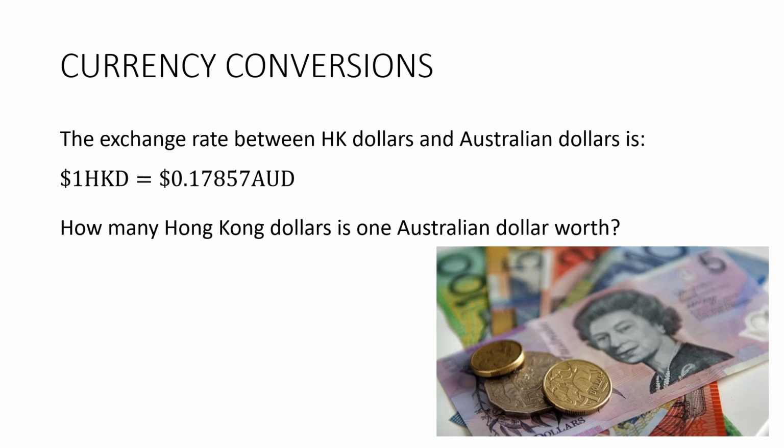So what we want to do is take our exchange rate here and invert it. So I could just type 0.17857 and then that reciprocal button, x to the power of -1. Or I could do 1 divided by 0.17857. So either way, we're going to get $5.60 Hong Kong. And so 1 Australian dollar is equal to 5.60 Hong Kong dollars.